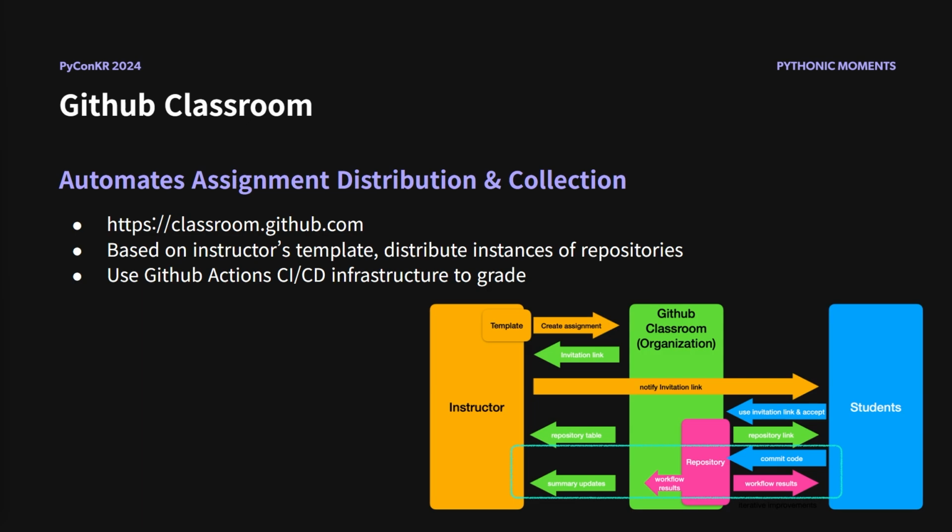The students can submit their homework by committing their changes to each repository. And I can use the GitHub Actions CI/CD infrastructure to grade the students' homework. Actually, this is not limited to Python. You can use other programming languages, but in my case, because I was teaching Python, I was using it for Python really.